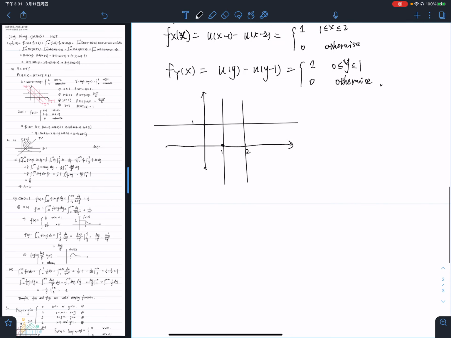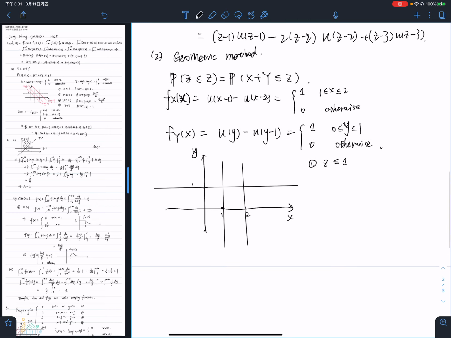Firstly, this is x and this is y. In this area, the densities f_x and f_y have value 1.